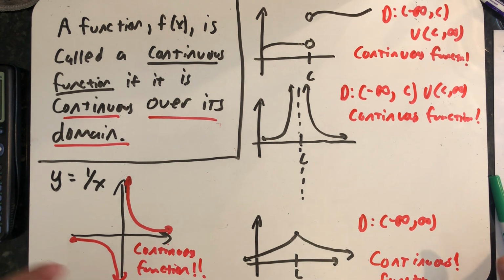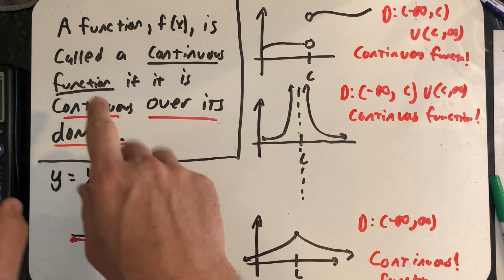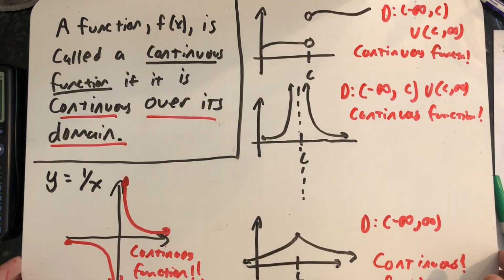All right, so if I was to give advice, if someone asks, is this a continuous function? The first thing you should do is write down the function's domain. Let me give you an example of a function that's not a continuous function.